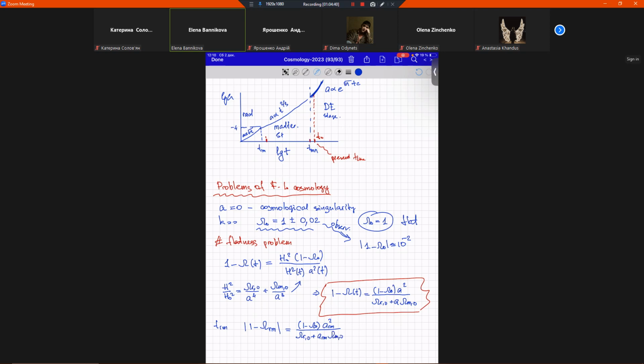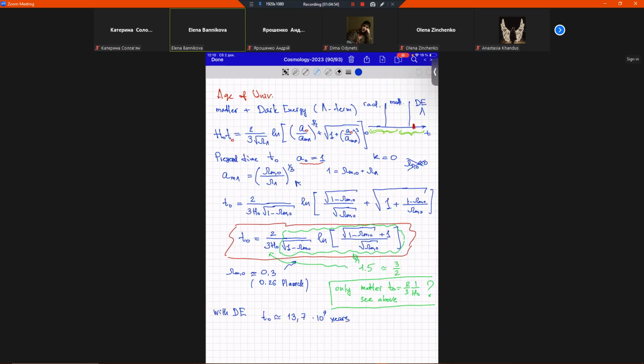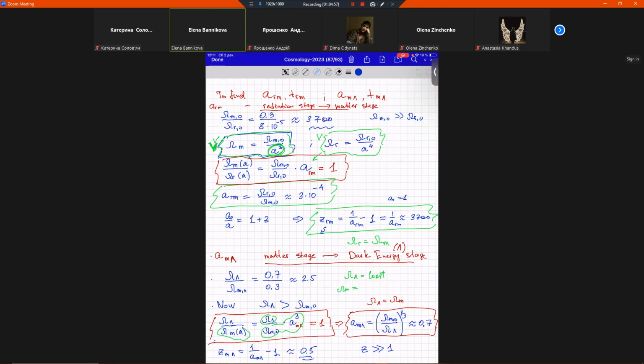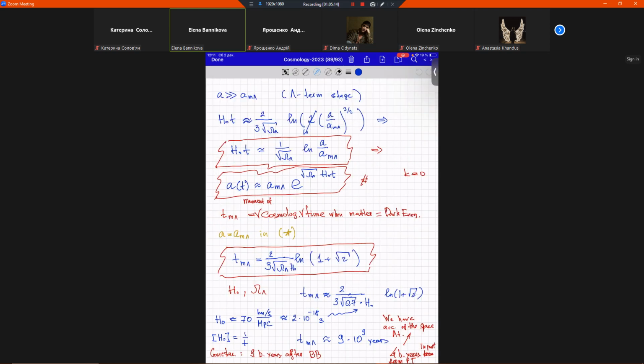And we know the scale factor a_rm. This is approximately 3 times 10 to the minus 4, no, 10 to the minus 3.